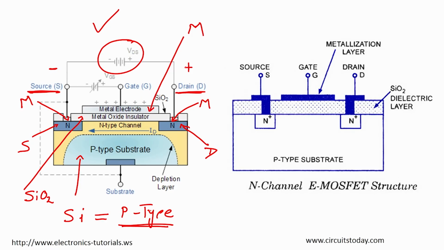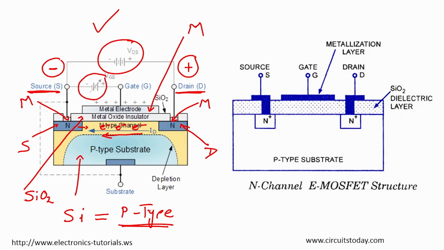My electrons will get attracted towards the drain, and we can show the drain current in this direction. Electrons are attracted from the negative, which is the source, to the positive, which is the drain, because electrons are negative charge. So they go to the positive terminal, and that is my drain, because my VDS is applied in this particular fashion.